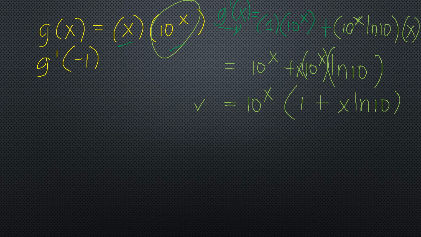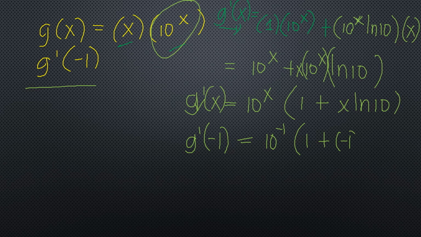Now, to find g prime of -1, we can just simply use this derivative of g. So we have g prime of -1 is equal to 10 raised to -1 times 1 plus -1 times ln of 10.